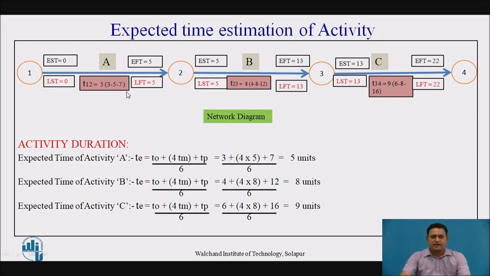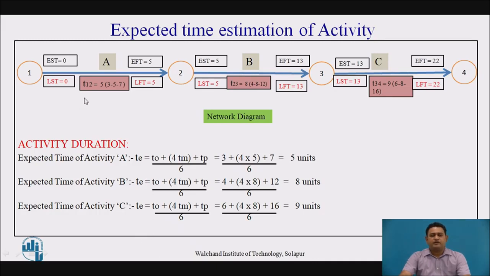With the help of these 3 times, we define the expected time of each activity. Here, the values for the activities are 5, 8, and 9, which are obtained with the help of the formula of the expected time.